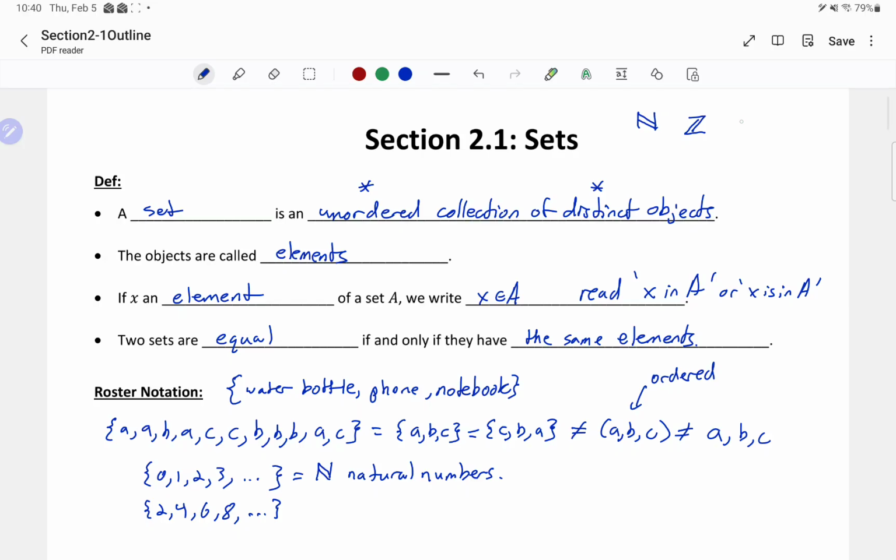For the real numbers, I will draw 2 bars and then draw the R around it like that.